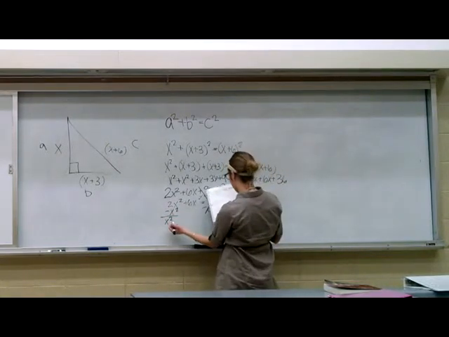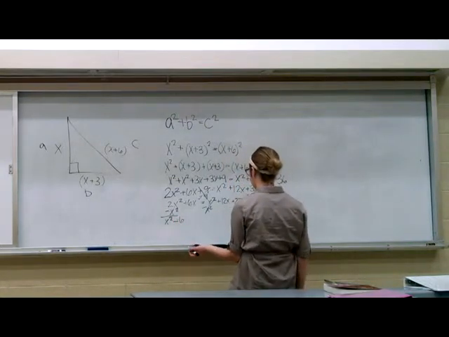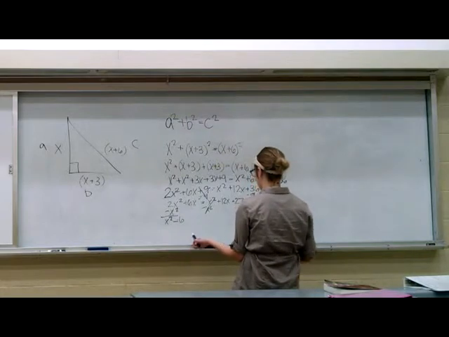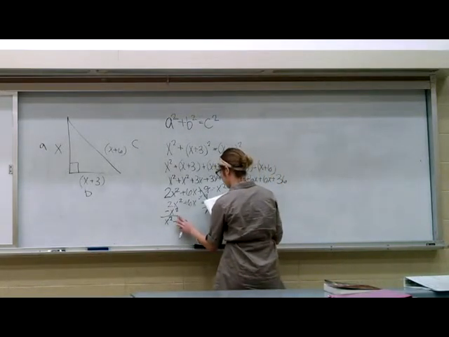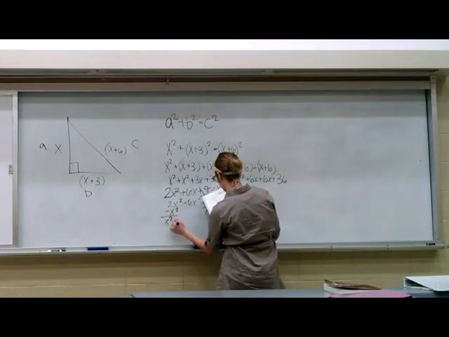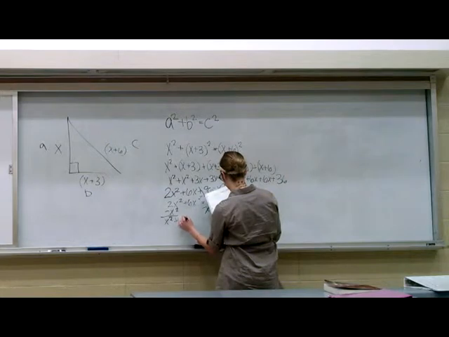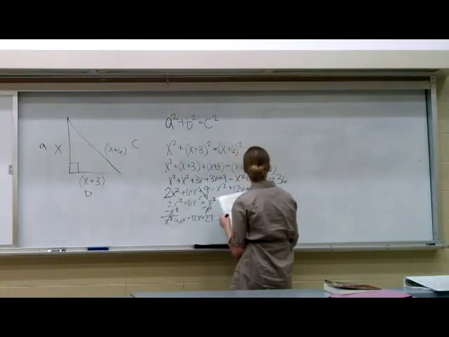Okay. x squared plus 6x equals 12x plus 27.